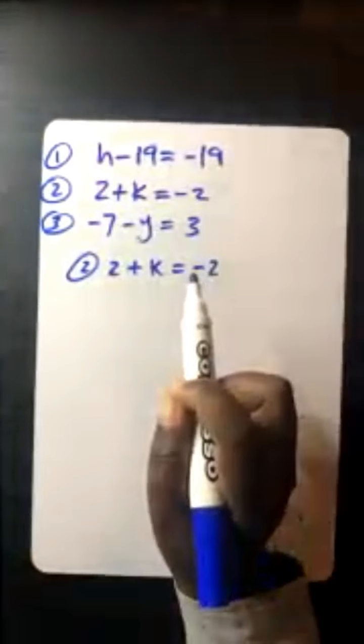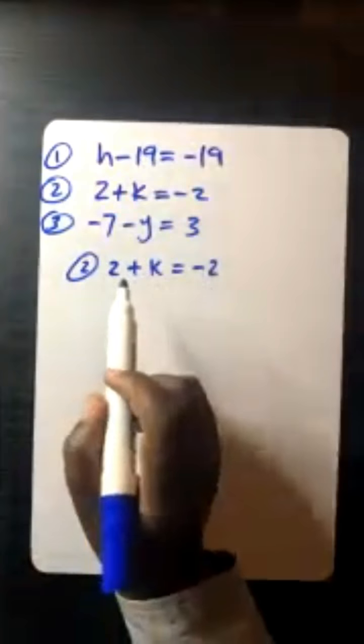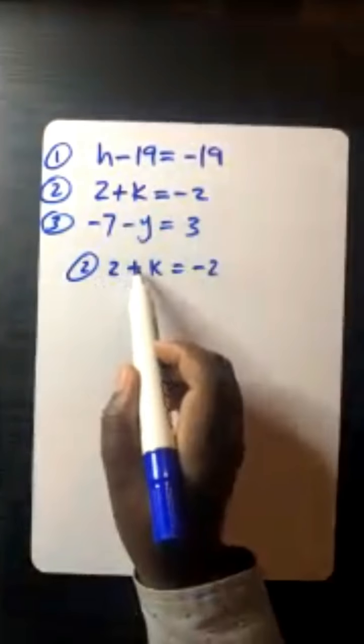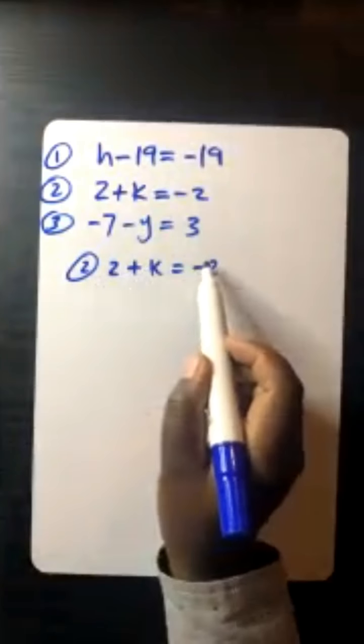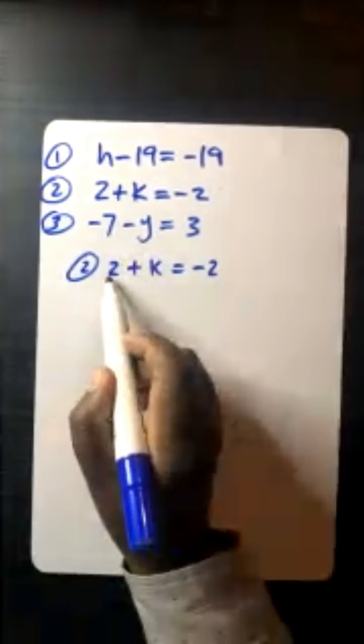Okay, so let's put it correctly, Shreyas. So you're supposed to say what number, when you say 2 plus that number, will be equal to negative 2. Do you get it now? Yes, sir.